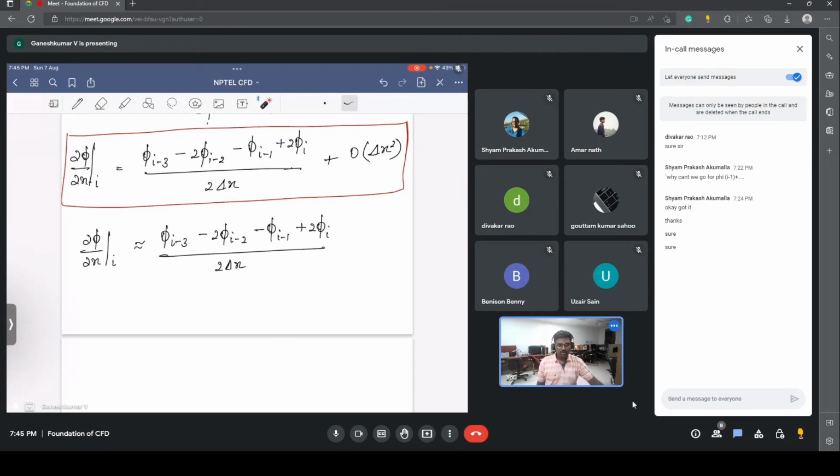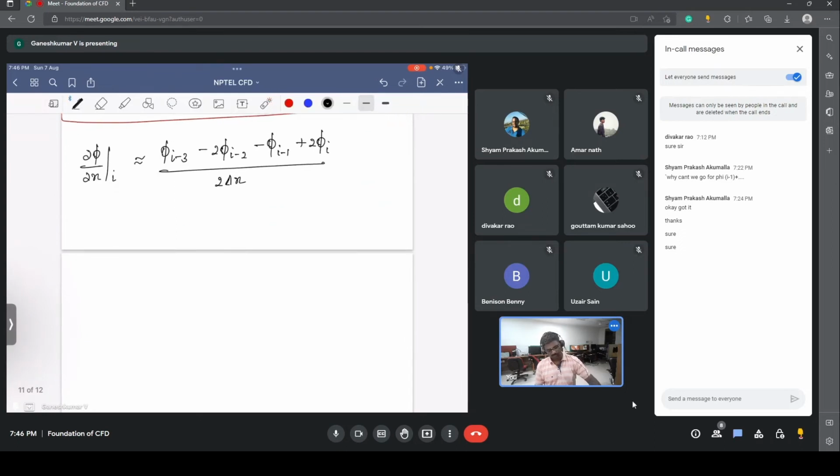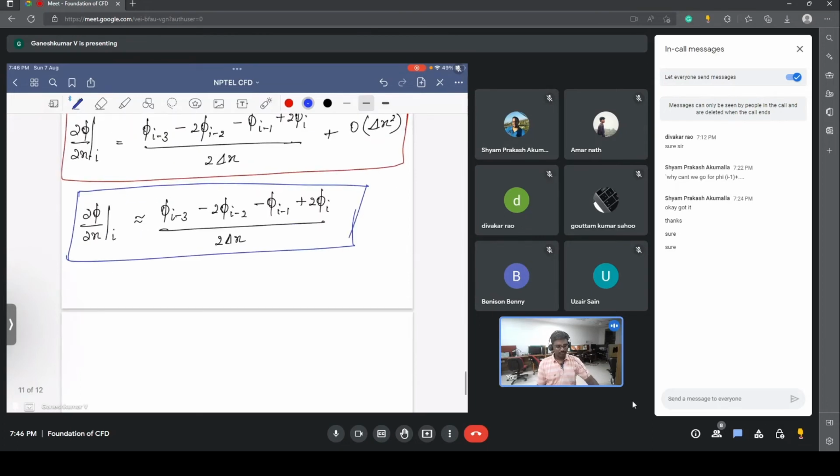Number one. But suppose you have not developed this scheme, someone else did, and you only have the final form. If you haven't derived all these things, how do you find the order of the truncated term?